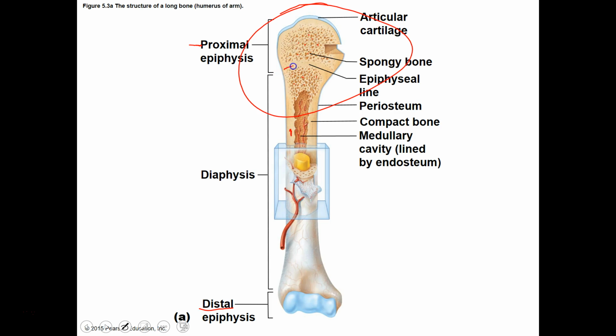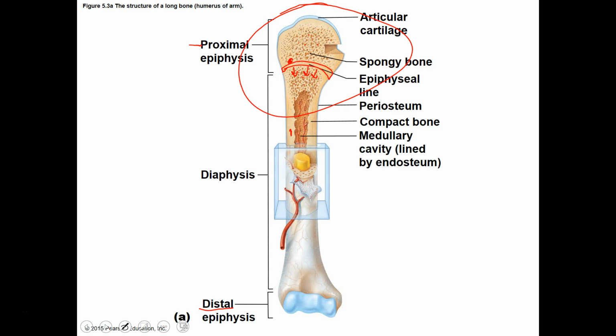And now we see this epiphyseal line. This line right here was once cartilage. And as the bone grew, new cartilage cells were created up in here and they started to go further away, mainly in this direction, getting further away from the cartilage.